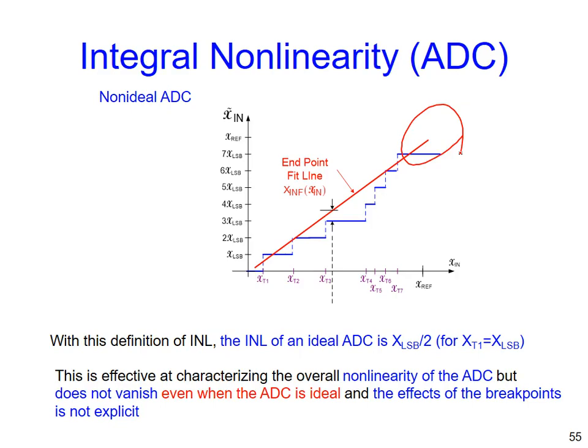But even though the ADC is ideal, you still have nonlinearity error. It doesn't make too much sense. I'm ideal, but I have error. Usually people will think, if that is ideal, it means no error, the performance is perfect. So we can try to redefine INL, hopefully.